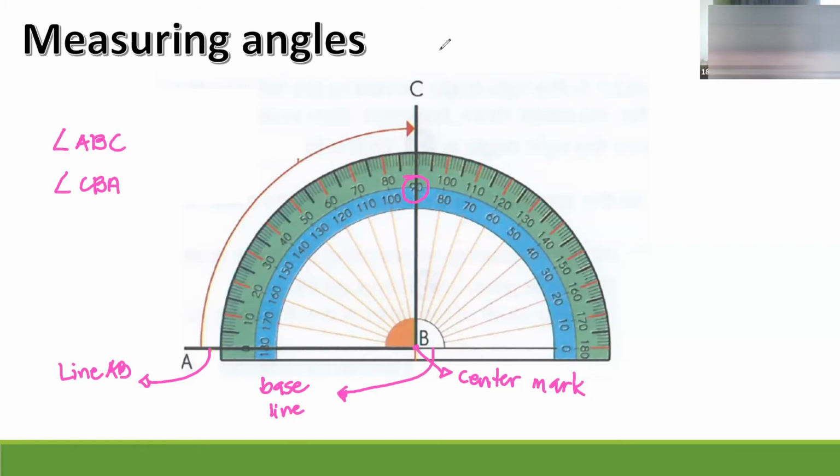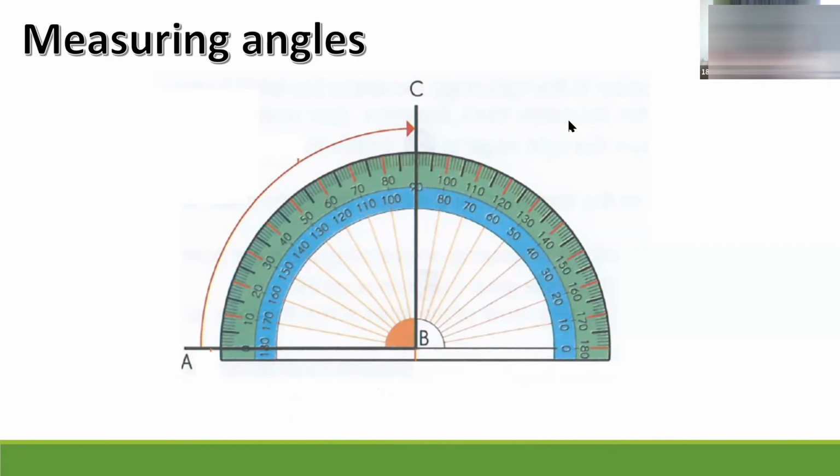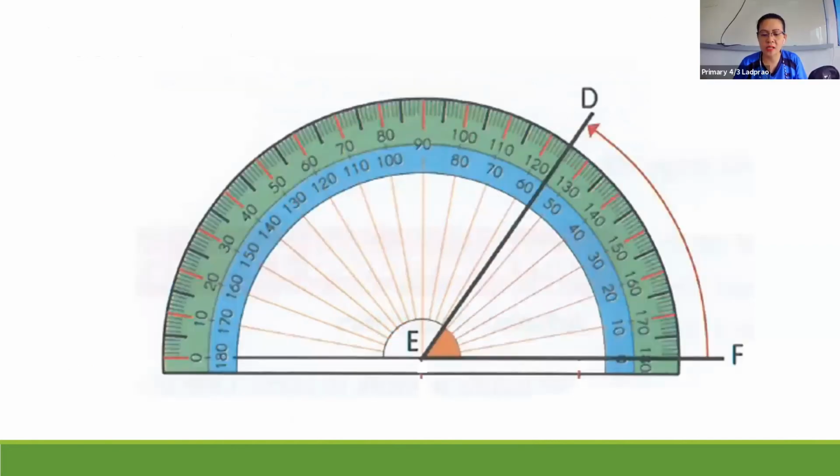Let us have another example. Look at this. So this is angle DEF or angle FED. What is the vertex? The vertex is in point E. Now, vertex at the center mark. One line of your angle should be aligned with the baseline, and it's already aligned in there.